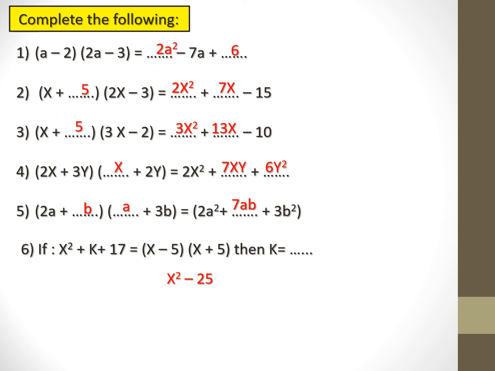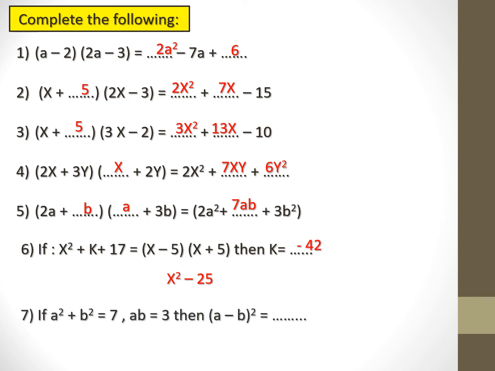We will find k by subtracting 17 from negative 25. It will be negative 25 minus 17 equals negative 42. So k will be negative 42.